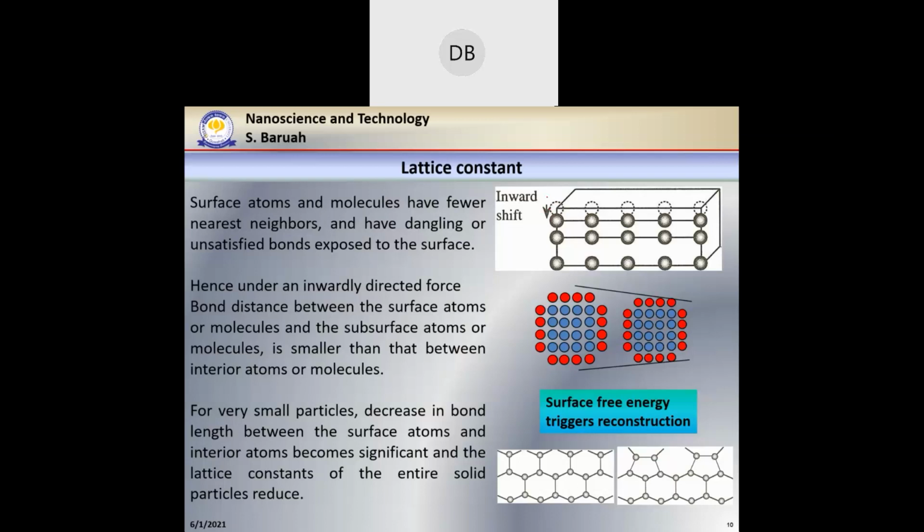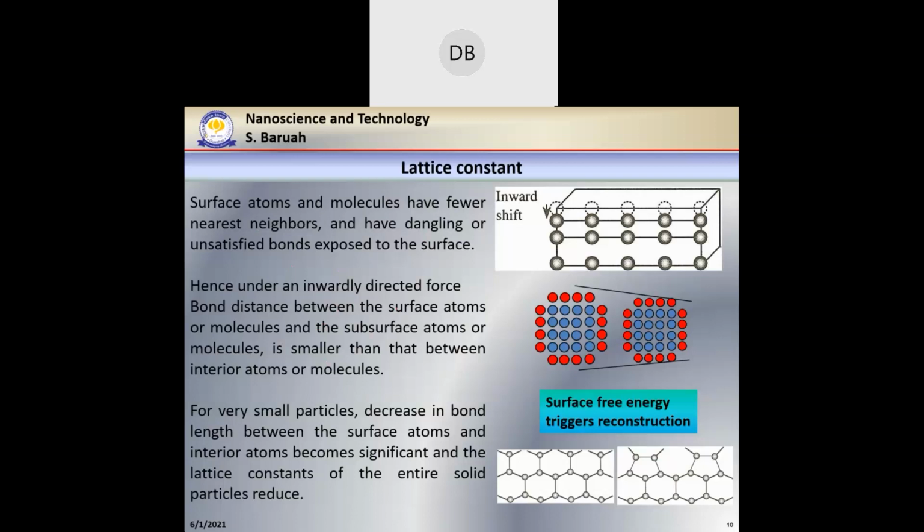All these free bonds basically bond to the atom itself, but they can quickly go and bond with foreign atoms coming in. That's why we say the surface is very reactive. It happens for all surfaces, even at the macro level, but since at the nano level the surface is much more, nanomaterials are much more reactive. So we call them dangling or unsatisfied bonds.